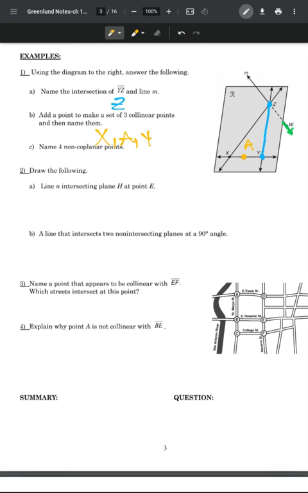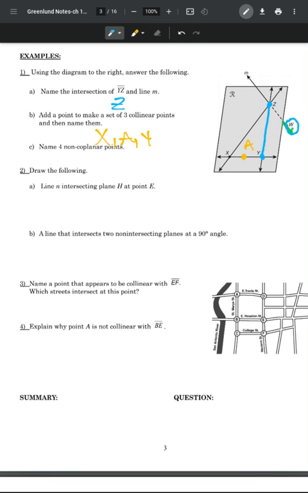C, name 4 coplanar points. So again, if we look back at our vocab, coplanar means points in the same plane. Well, we're dealing with plane R right here, and it's usually with an italicized letter. In this case, it's capitalized. So if we were to look for 4 coplanar points, we need to find a point that's outside of the plane.